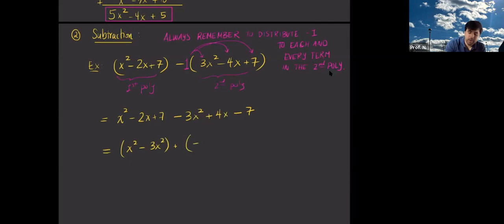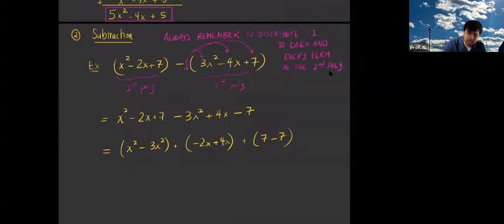Then I'm going to combine the negative 2x plus 4x. Then I'm going to combine the positive 7 with the minus 7. Remember, subtraction is really adding the opposite. Subtraction is really addition. When you say, for example, 5 minus 3, you can always rewrite that as 5 plus negative 3. That's why the pluses come up.